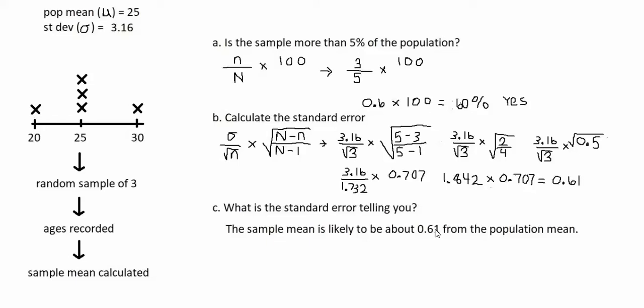If this sample mean happened to come out to 24.3, that would be 0.7 away from 25, and that also wouldn't be very surprising because 0.7 off target is pretty close to 0.61. So the standard error isn't saying that the sample mean is definitely going to be 0.61 from the population mean. It's just saying that it's likely to be somewhere in that general area.